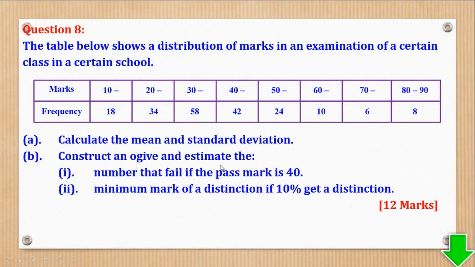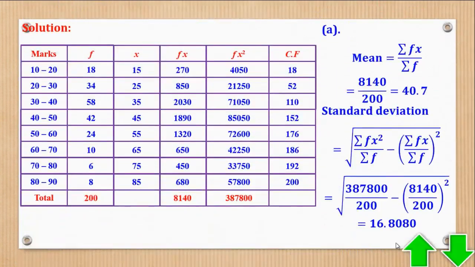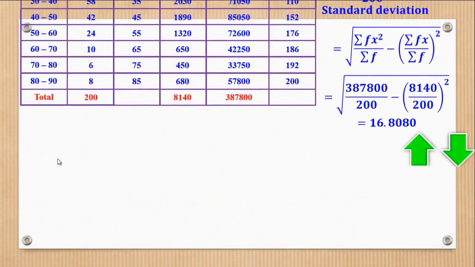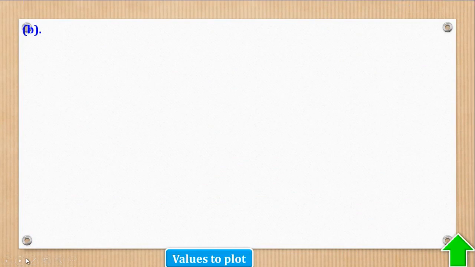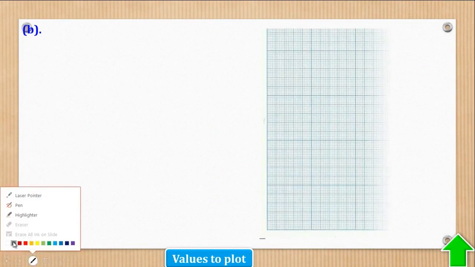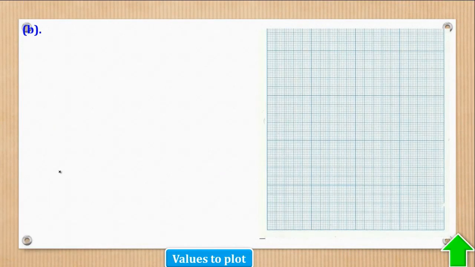Then next is to construct an ogive. So let's first construct the ogive. We shall need a graph paper. Then draw the axes, vertical and horizontal. Then get a scale for the horizontal axis.